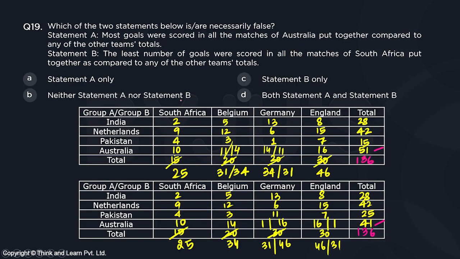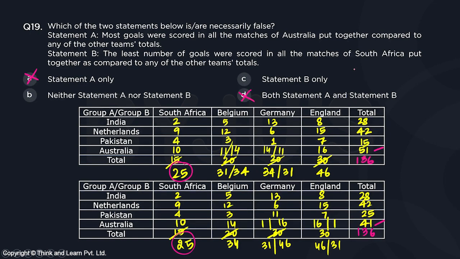Now, statement B, the least number of goals were scored in all the matches. Since statement A is not false, A is not going to be true, and option D also doesn't make sense. Okay, statement B, the least number of goals were scored in all the matches of South Africa, which is 25 here and which is 25 here, put together as compared to any of the other teams' totals.